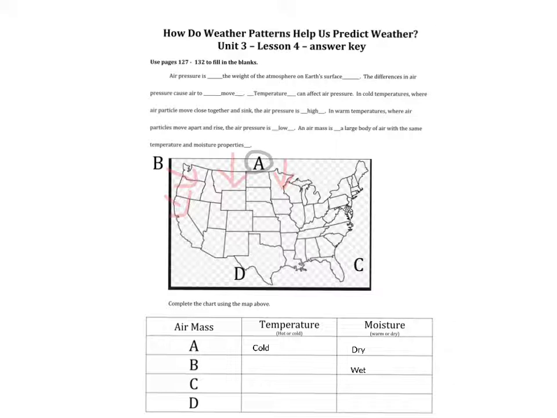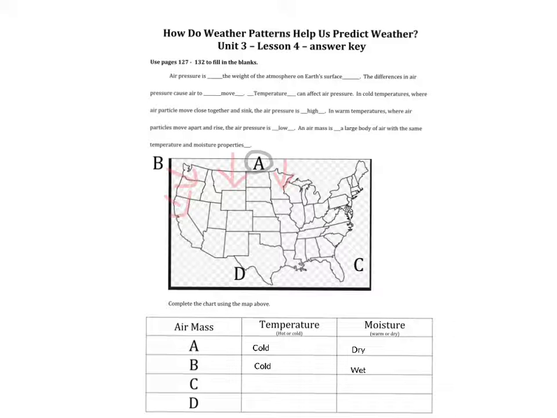It would be picking up all of the water droplets and molecules from the Pacific Ocean. And again, based on where it is coming from, further north, that would also be a cold air mass. Excuse me, I'm still trying to learn this program.